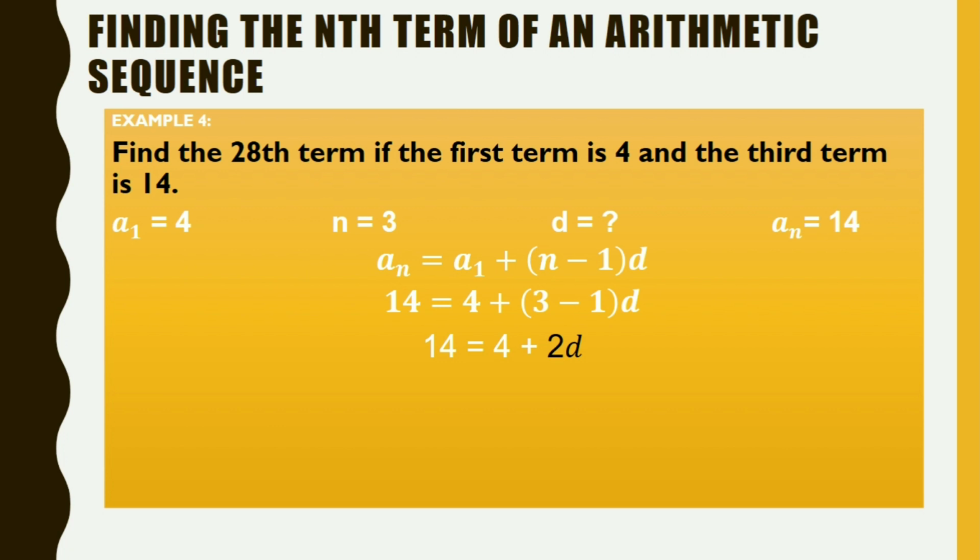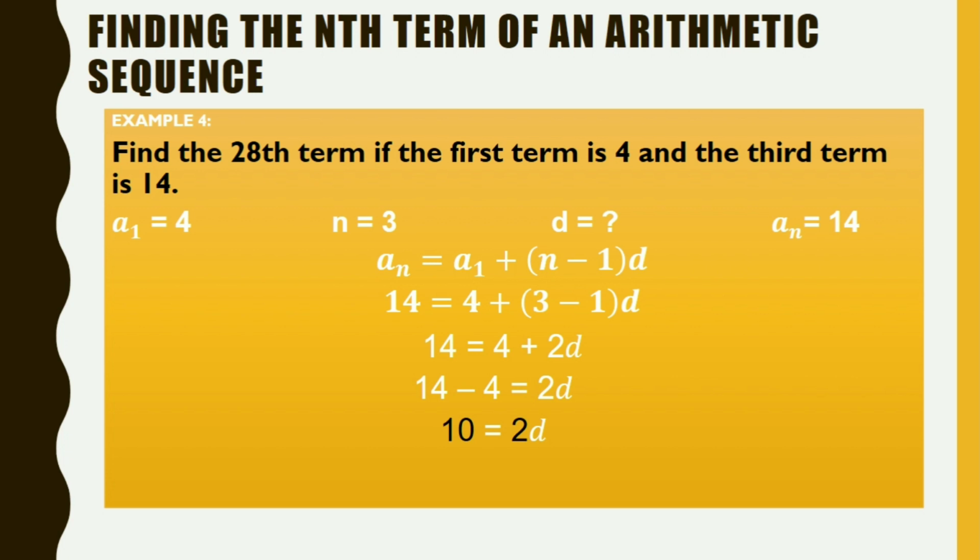Then, combine like terms. We will transpose 4 to the other side of the equation. Therefore, the sign will change. 14 minus 4 is equal to 10. Then, 10 is equal to 2d.